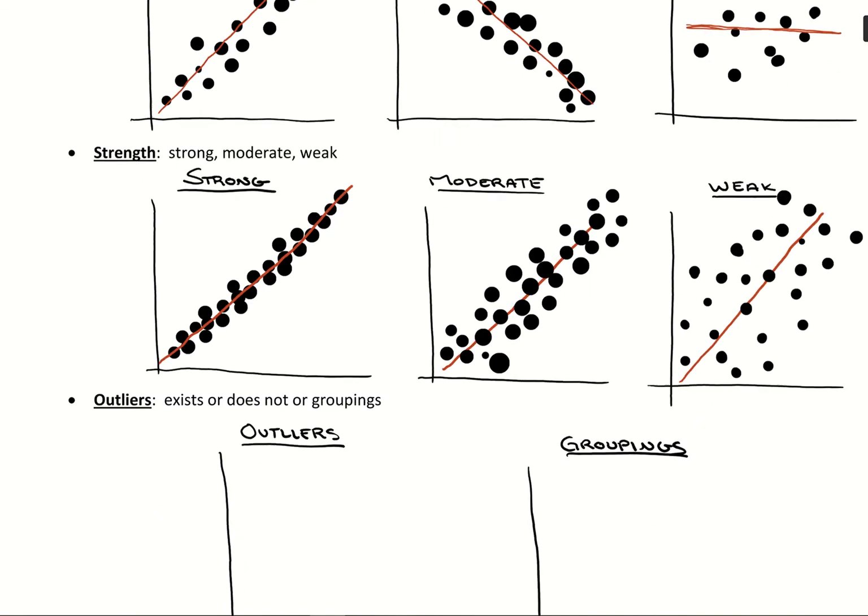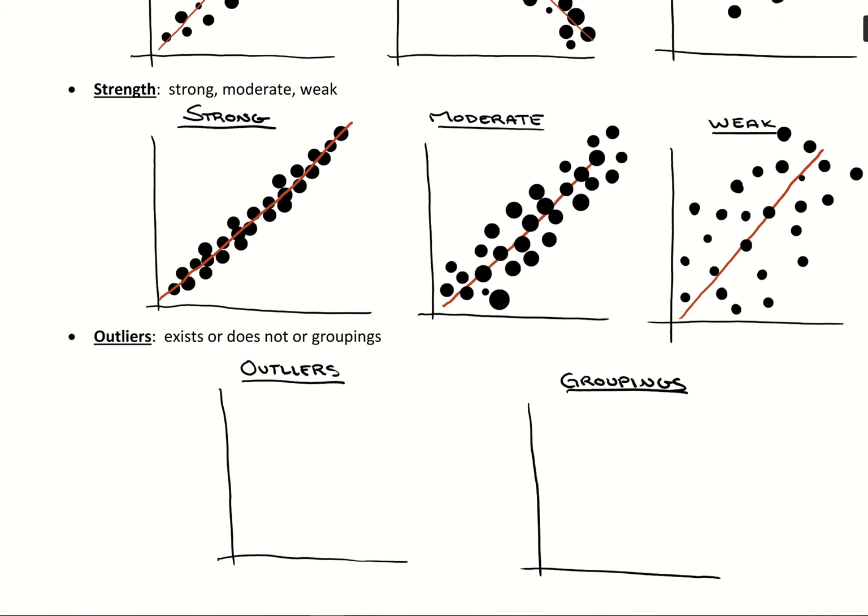And then there are two pieces that we want to be careful of. We want to be careful of outliers, which is the scenario where we have our scatter plot and maybe it looks moderate or strong, we can see our linear relationship, and then we have one, or a few, dots that separate from everything else.